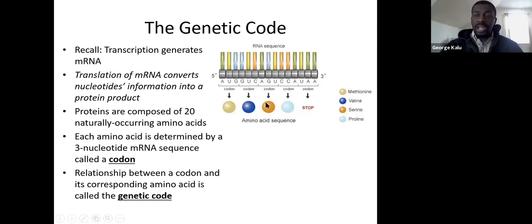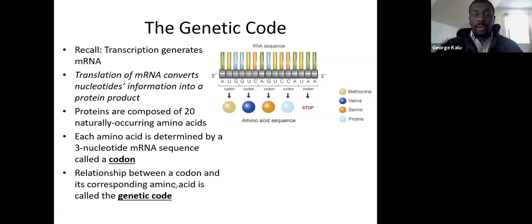Each codon, each group of three nucleotides, is going to code for a single amino acid. Each codon codes for one amino acid. At the end of this whole process, we can have a polypeptide anywhere from 3 amino acids long to maybe thousands of amino acids long. Again, we have a total of 20 naturally occurring amino acids, but they can be found in any number of combinations to help us form our protein.